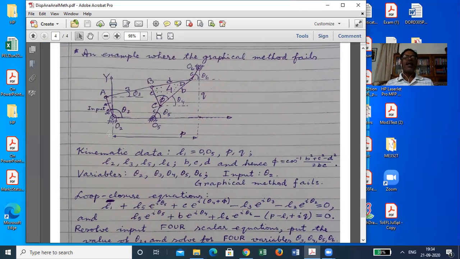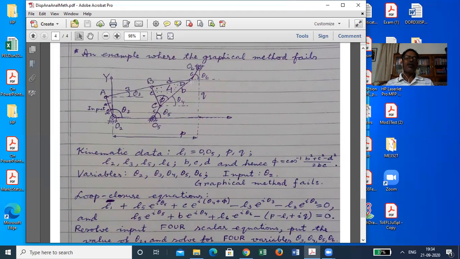It's a 6-bar mechanism. This is actually a Stephenson chain. This is one ternary, and the frame is the other ternary, and the two ternaries are not directly connected.